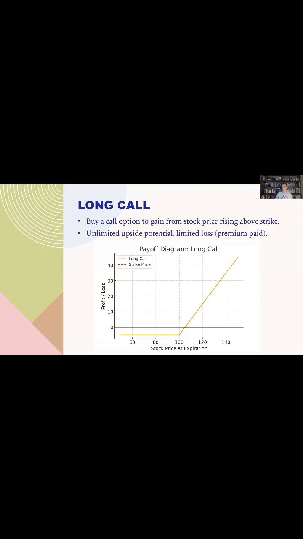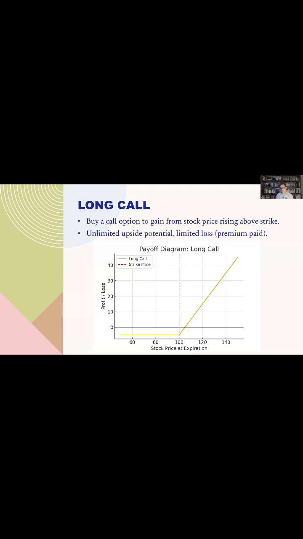Which essentially means that if I was to exercise the option, I could buy for 100, and if it's at 120, I could sell it at 120. Or in this case, if I just want to sell the option, the amount that I would make wouldn't be 20, but it would be 20 minus the premium.